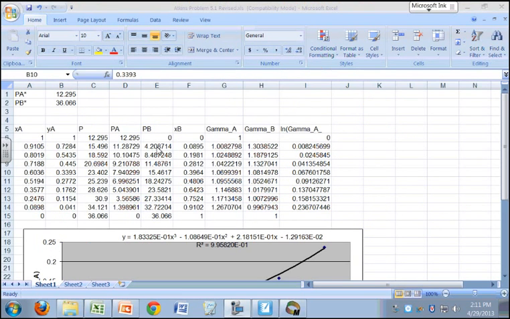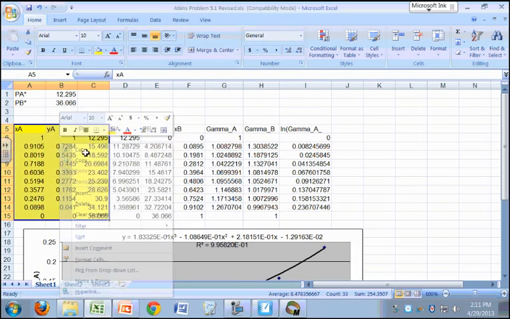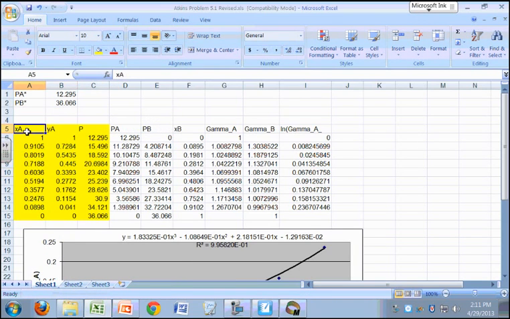So here's the same data from Atkins, problem 5.1, Atkins 8th edition. This is the data. You're given the mole fraction of A in the liquid, its mole fraction in the vapor, and the total vapor pressure. We did this earlier: we calculated ln gamma, if you remember.